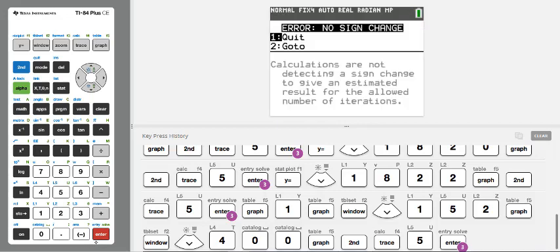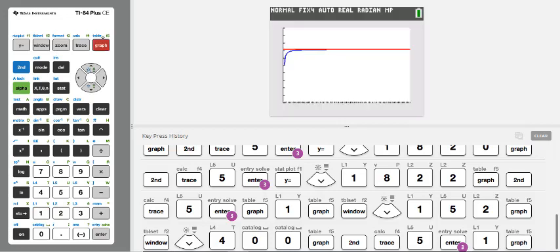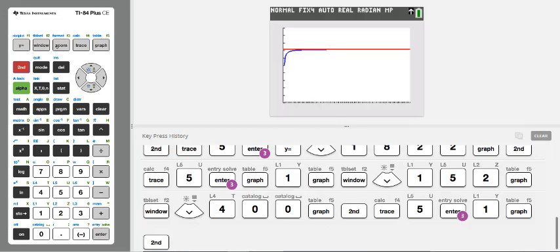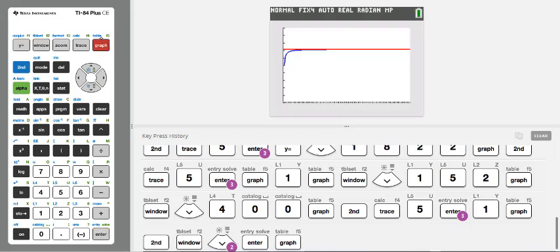Why is it not working? Let's hit graph again. You know what? Let's go to table set, set it to auto, and then graph.